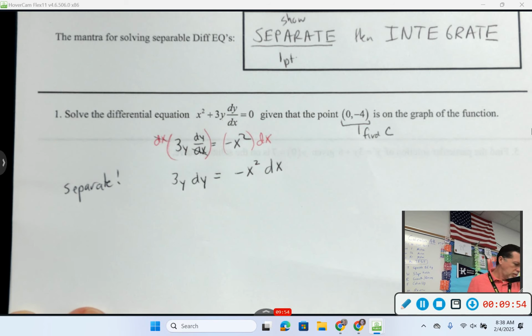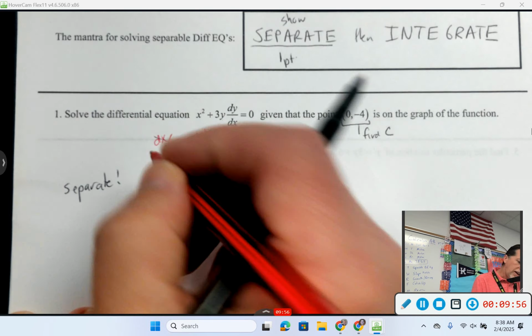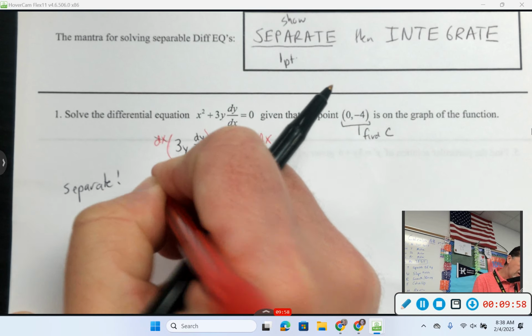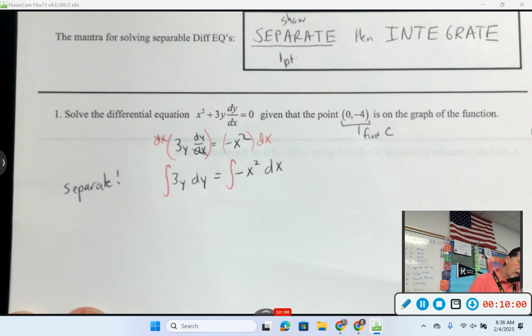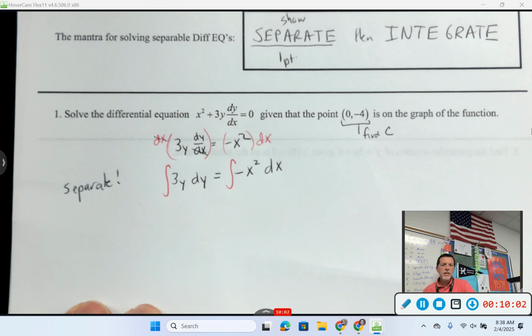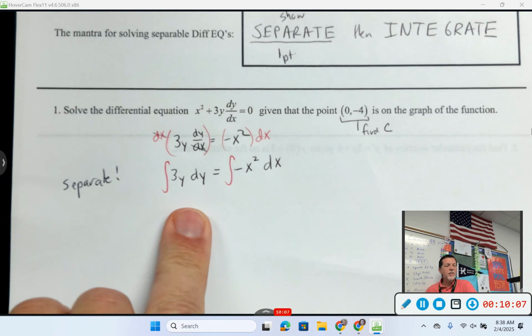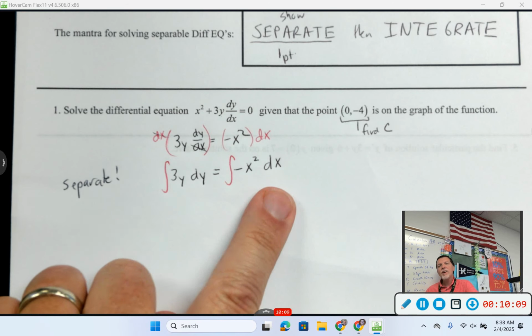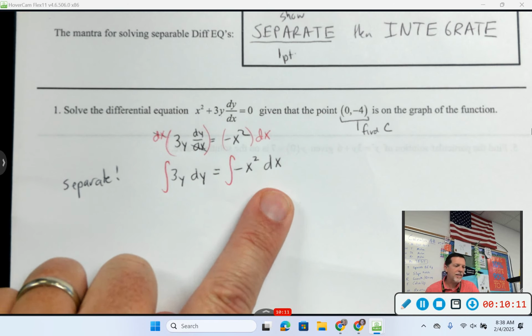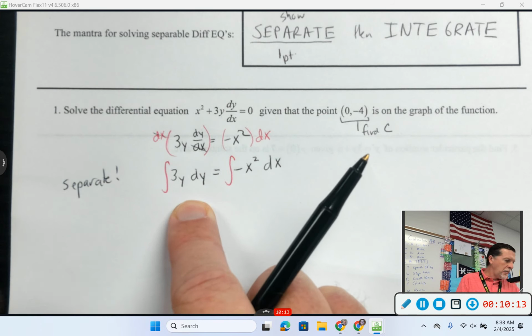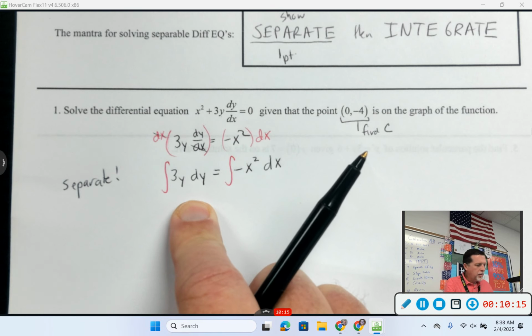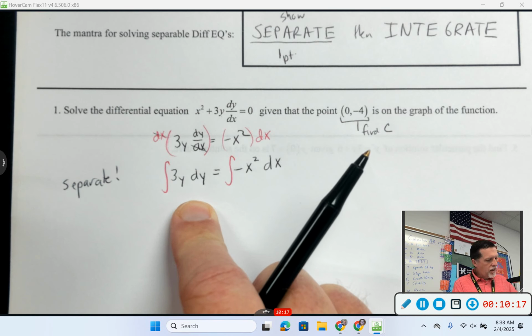All right, next let's integrate both sides. Be careful, the left-hand side we're integrating with respect to y, the right-hand side we're integrating with respect to x. So one step at a time, but we can pick on pieces of this.